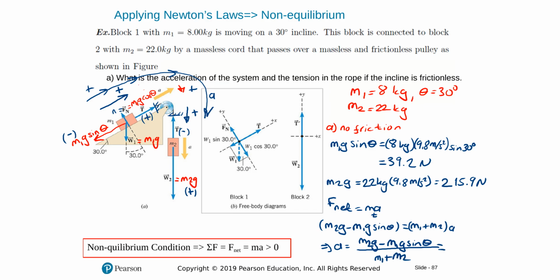If I put in all the numbers, I will get an a value of 5.88 meters per second squared. That's the acceleration.